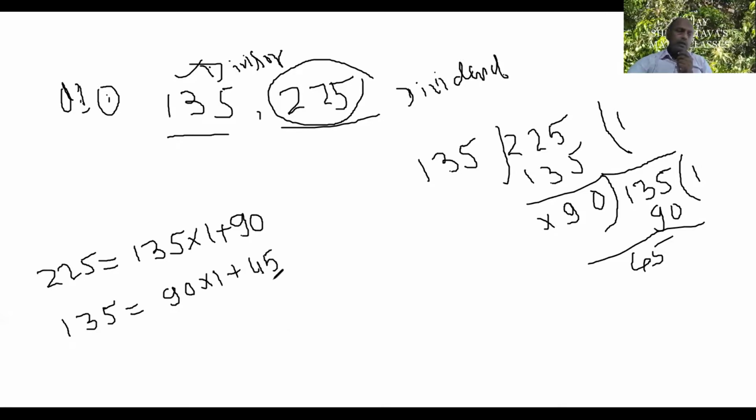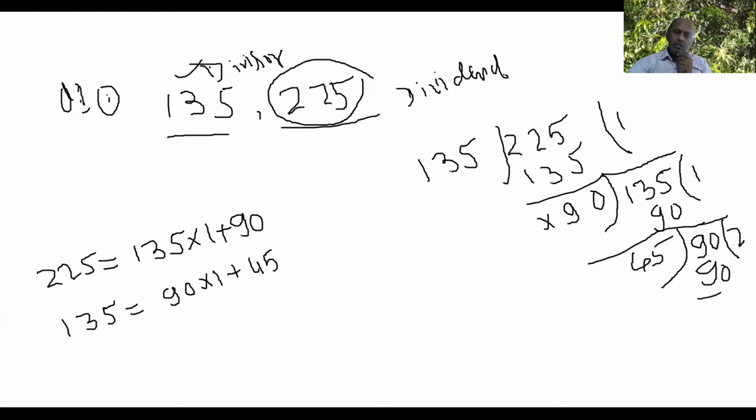Next, since the remainder is not coming 0, again you have to perform division. The previous remainder becomes the divisor and the previous divisor becomes the dividend. Now divide 90 by 45. Once you get remainder 0, your process will stop.